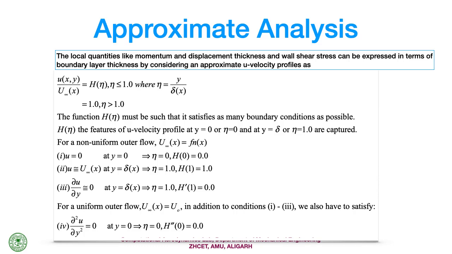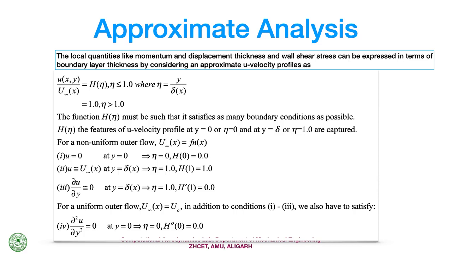The more parameters there are in the equation, the better is the equation, the better is the approximation. And if the approximation of the velocity profile is better, then the prediction of the integral quantities will be better. Now the most important thing is that you must satisfy these boundary conditions in the order they are given.